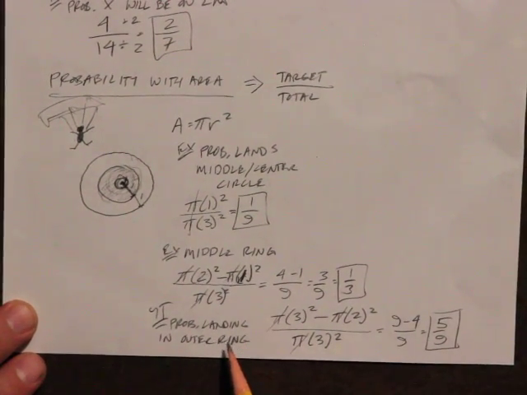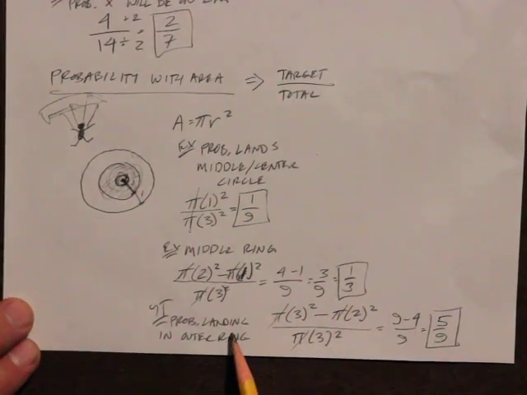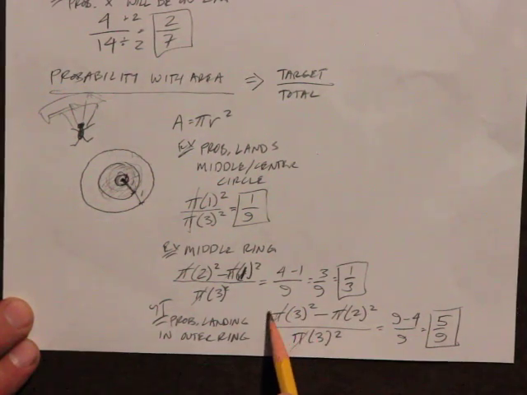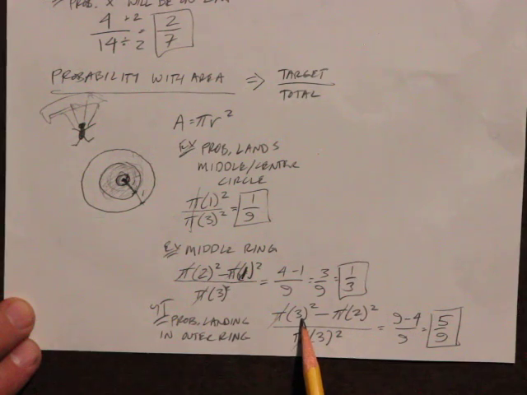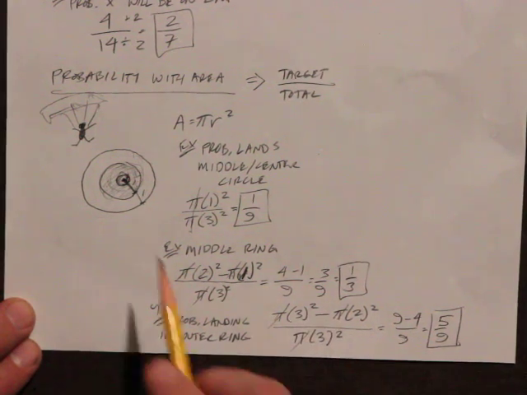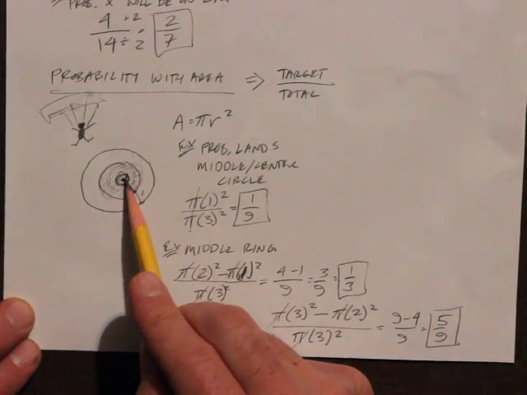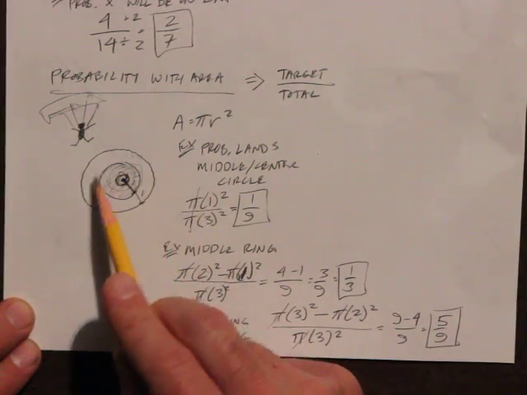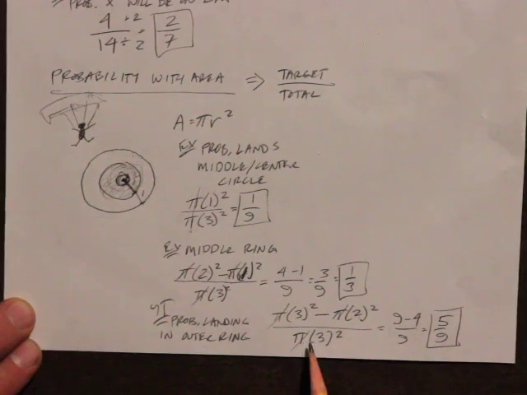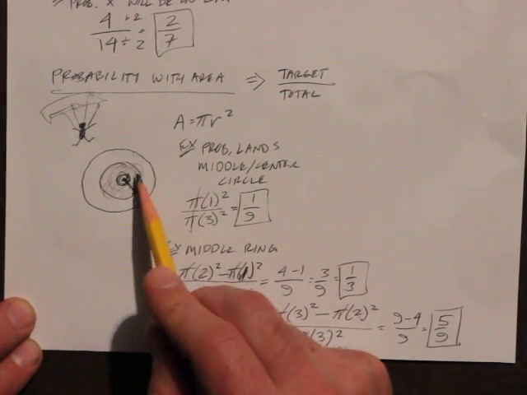So hopefully you did this one. I took the area of the whole circle, and I subtracted the inside of it, so I can just have the area of the outer ring over the whole circle.